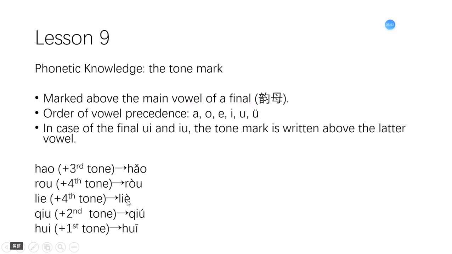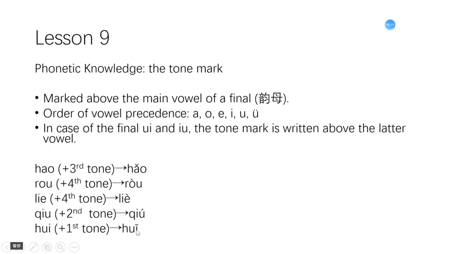So here in this final, the main vowel is e, so we put the tone mark above it. And here, the two last examples, chu and hui, we write respectively under the second tone and the first tone, according to this special rule.